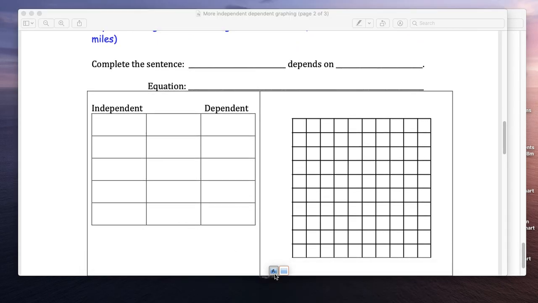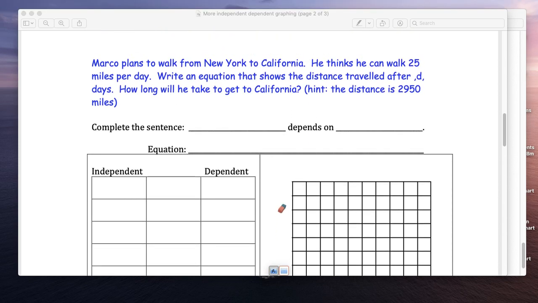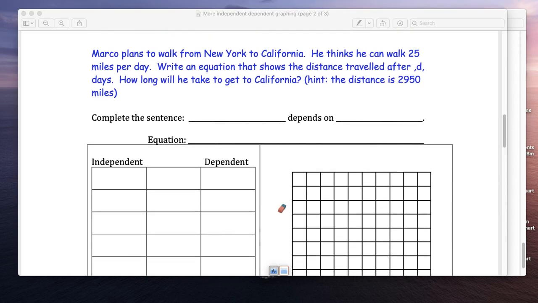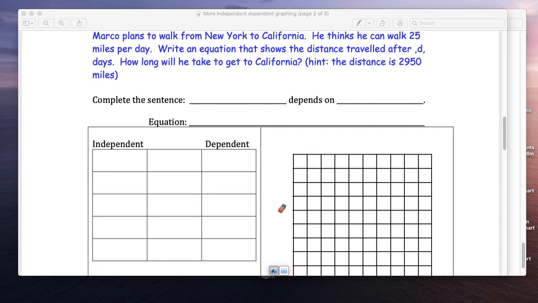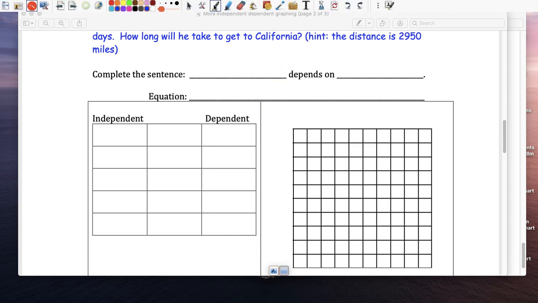The distance that he is going to walk depends on the number of days. Instead of distance, I'm going to write total, because I don't want to use 2 Ds. And that depends on the number of days.